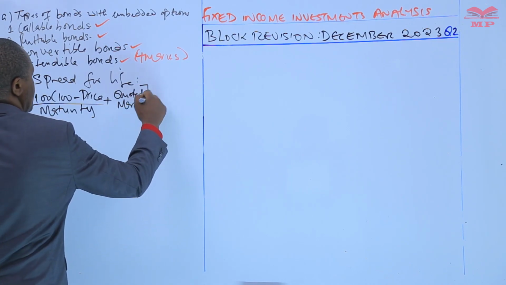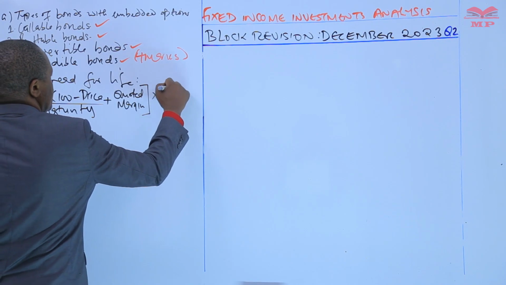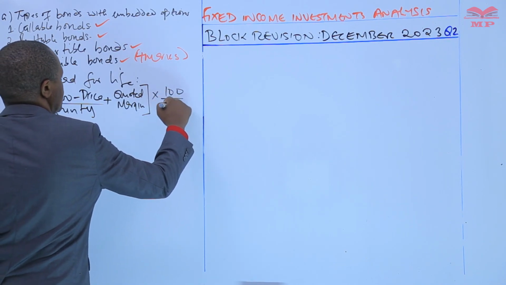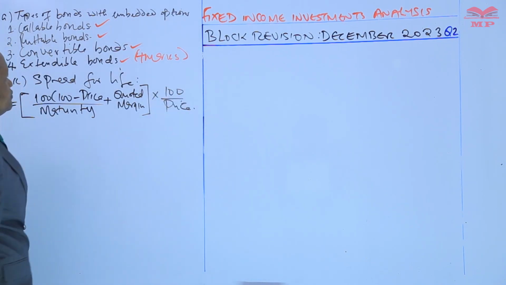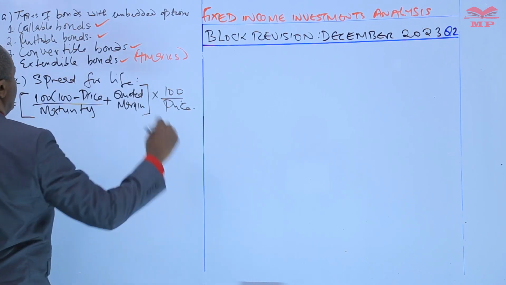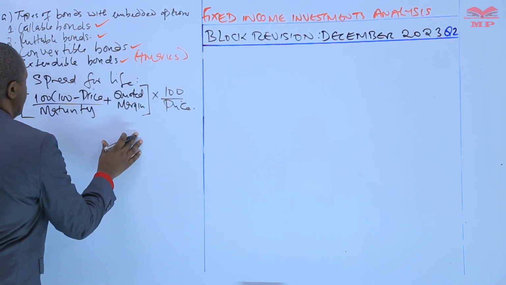This we multiply by 100 over price. So step number 1, put down the formula. So here we have the formula.